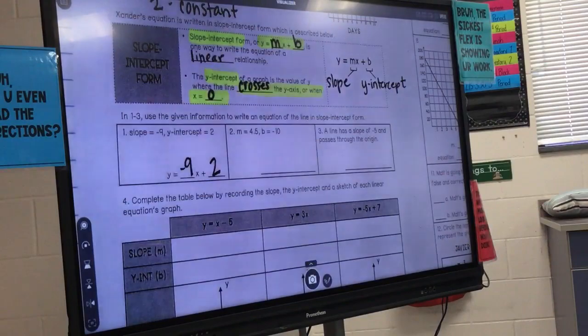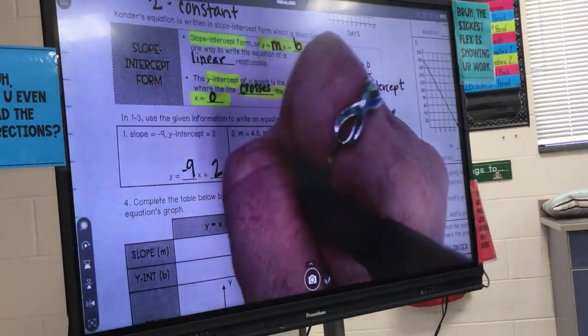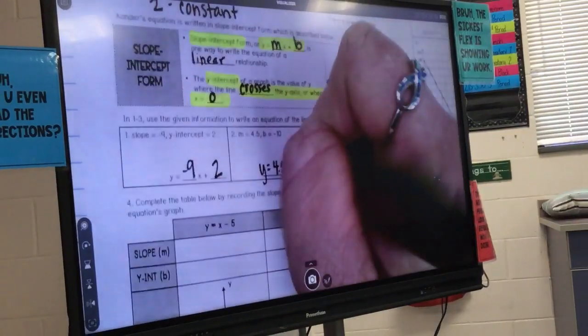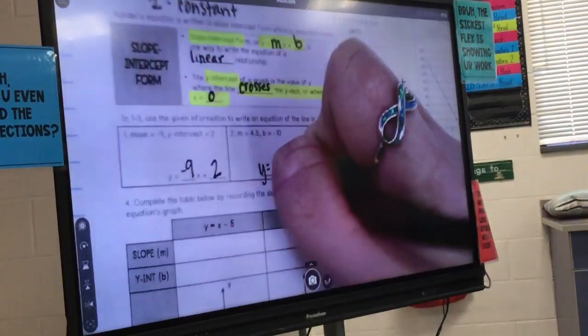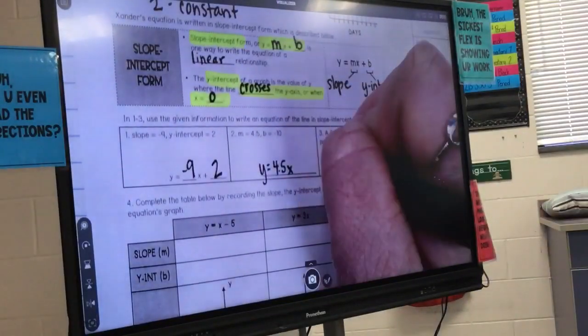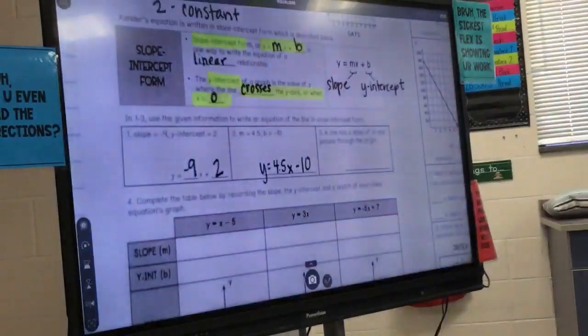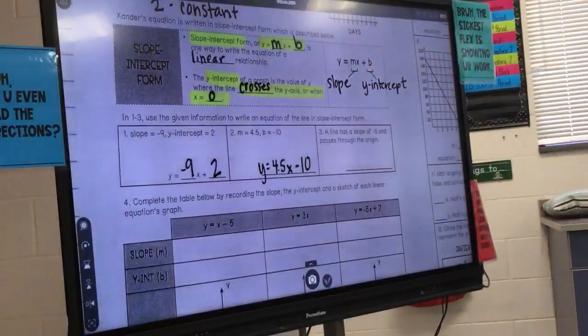All right, Ellie, what does your equation look like? Y equals 14. Not plus -10, it would just be -10. Okay? I mean, you can put the plus, but it's ultimately just that you're still subtracting. Okay?